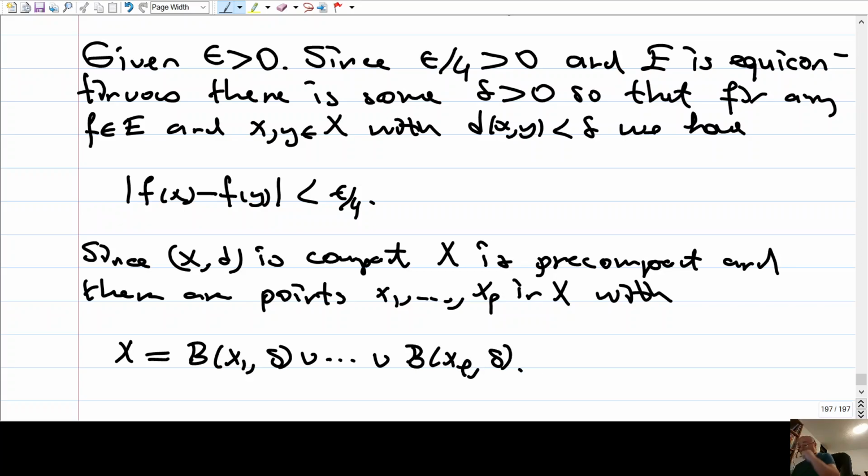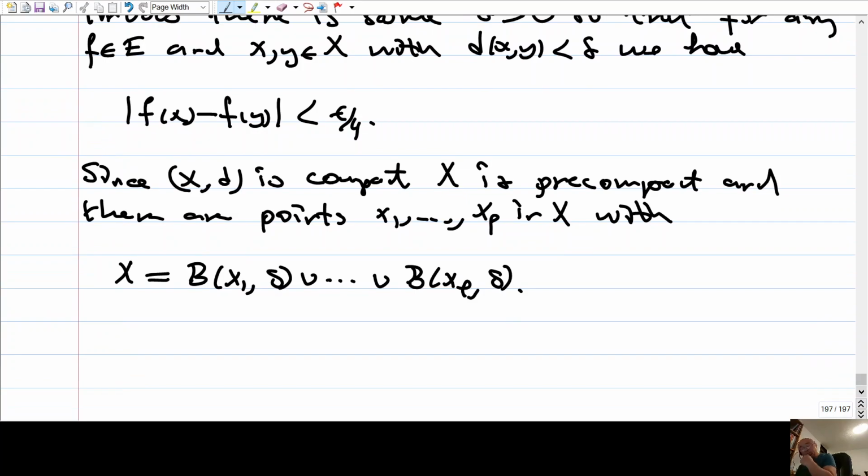Any compact set is pre-compact, and pre-compact means whatever you give me a positive number, I can find finitely many balls with that radius which cover the whole metric space. So any point in X is delta close to one of these points. That's the important thing.